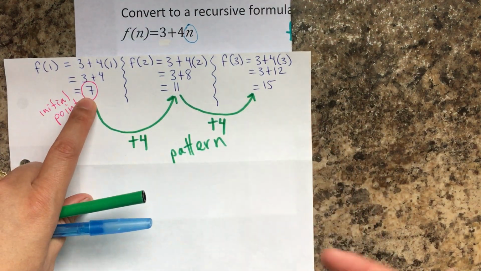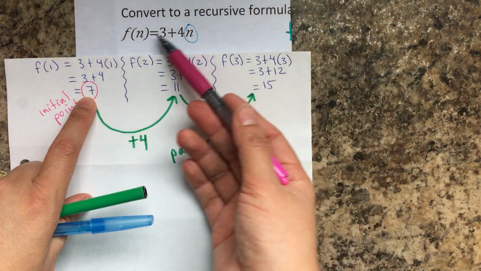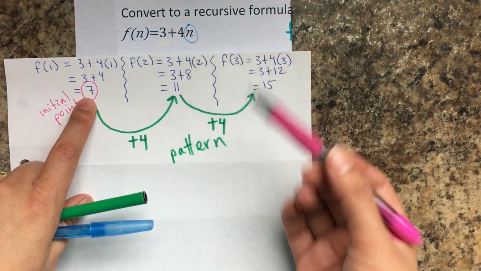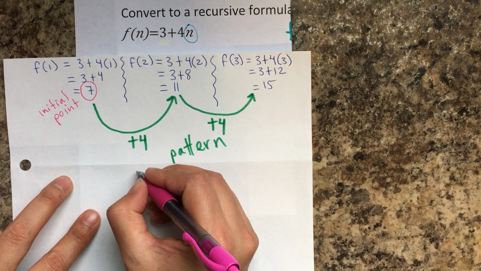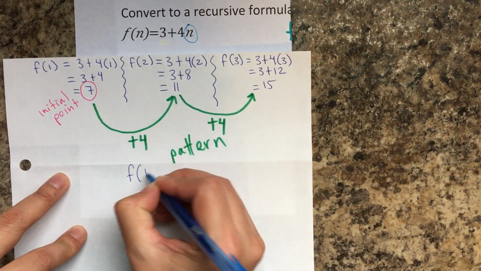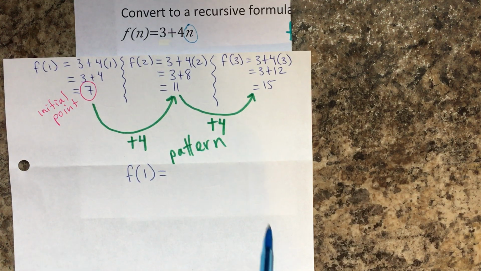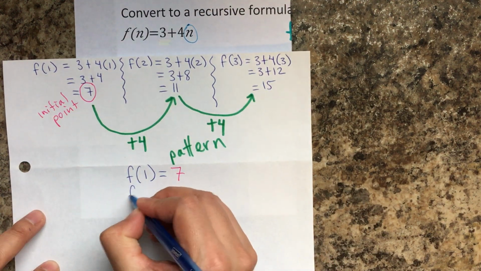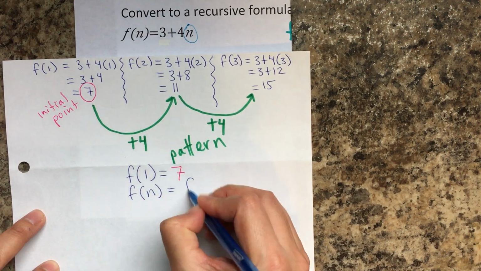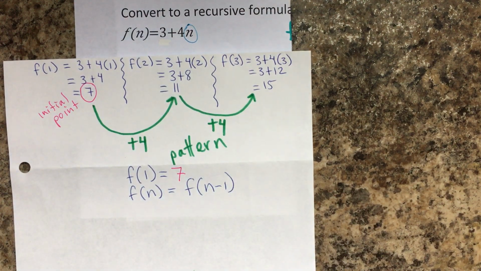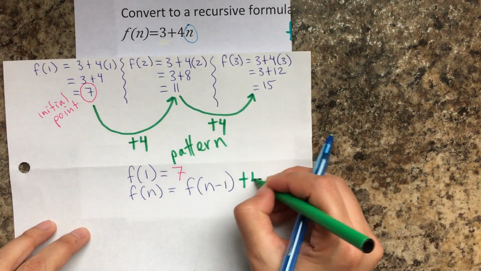Because right here I have it, but after it was simplified. So the recursive, remember that you always have f of 1 equals the initial point, and f of n equals f of n minus 1 with the pattern, so plus 4.